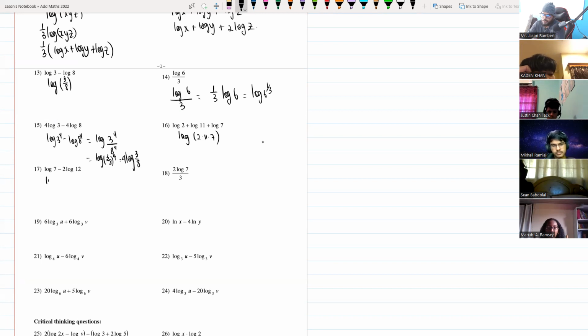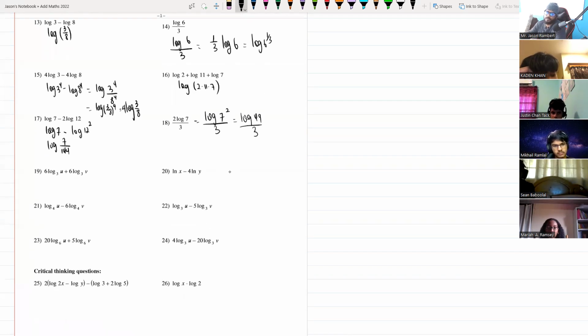This is log of 7 take away log of 12 to the power of 2, then log of 7 over 144. Next, this is log of 7 to the power 2 all over 3, which is log of 49 over 3. Again, don't cancel, please.